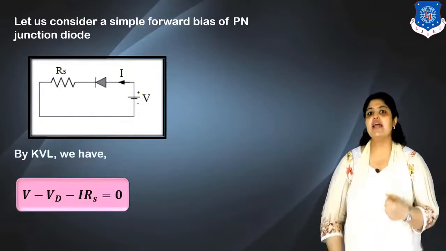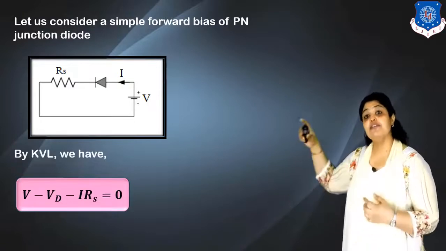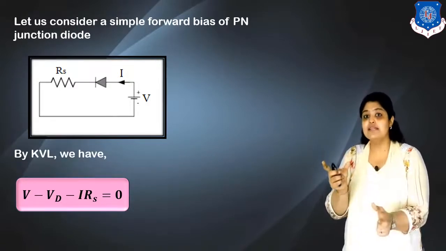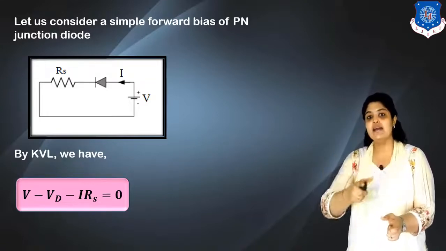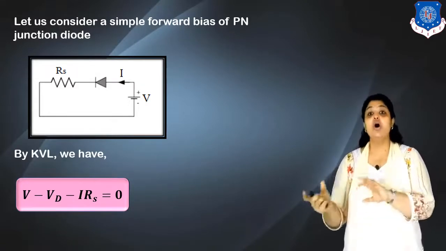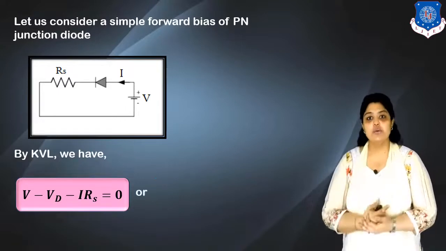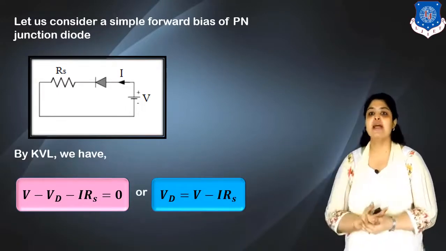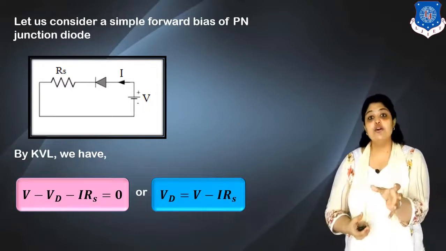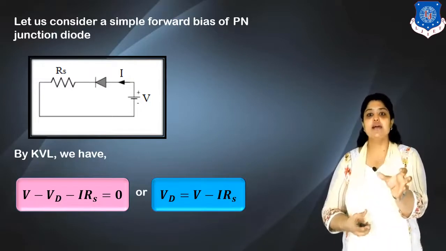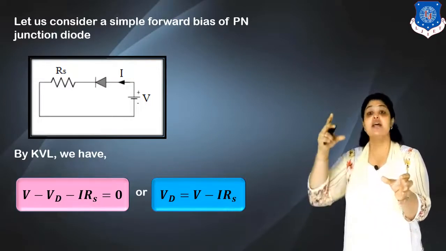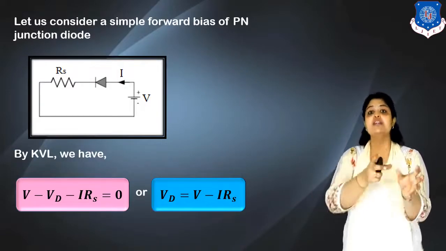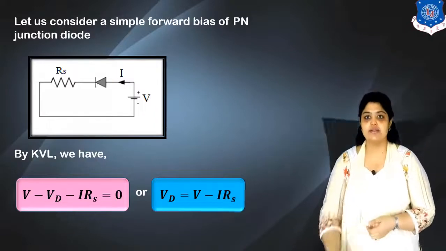So in this circuit I can apply KVL and I can say V, that is the applied voltage, minus Vd, the drop across the diode, minus IRs should be equal to 0. All the voltages should equate to 0, and from this equation I have Vd equals V minus IRs, that is diode voltage. The voltage across the diode is equal to the supply voltage minus how much voltage has dropped across the resistance.